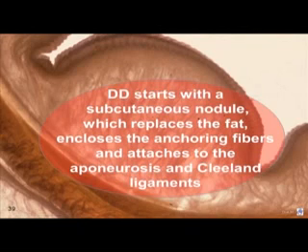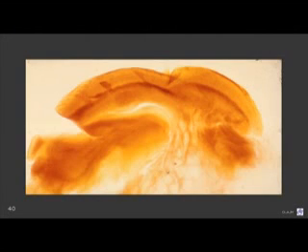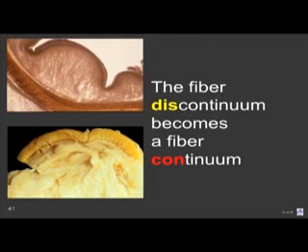Dupuytren's disease starts with a subcutaneous nodule which replaces the fat, encloses the anchoring fibers, and attaches to the aponeurosis and Cleland ligaments. Subcutaneous tissue and enclosed anchoring fibers show no signs of a contraction process.